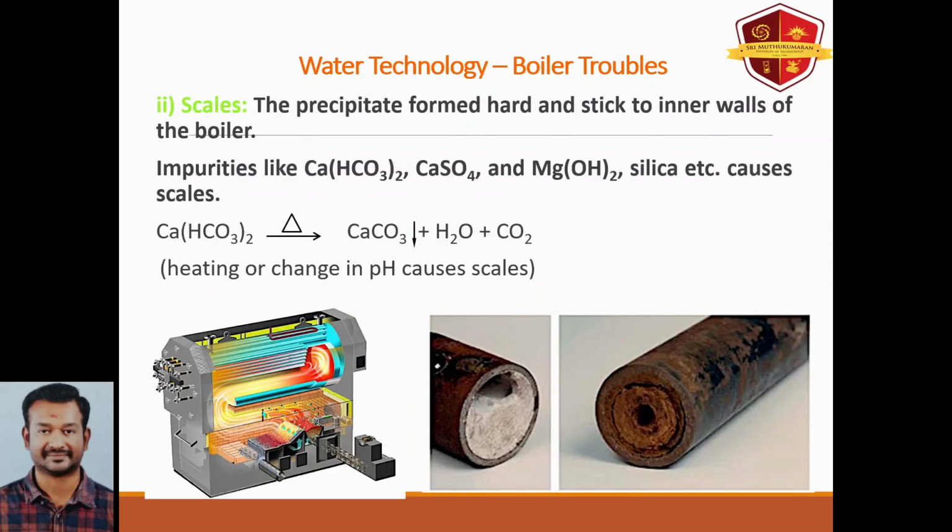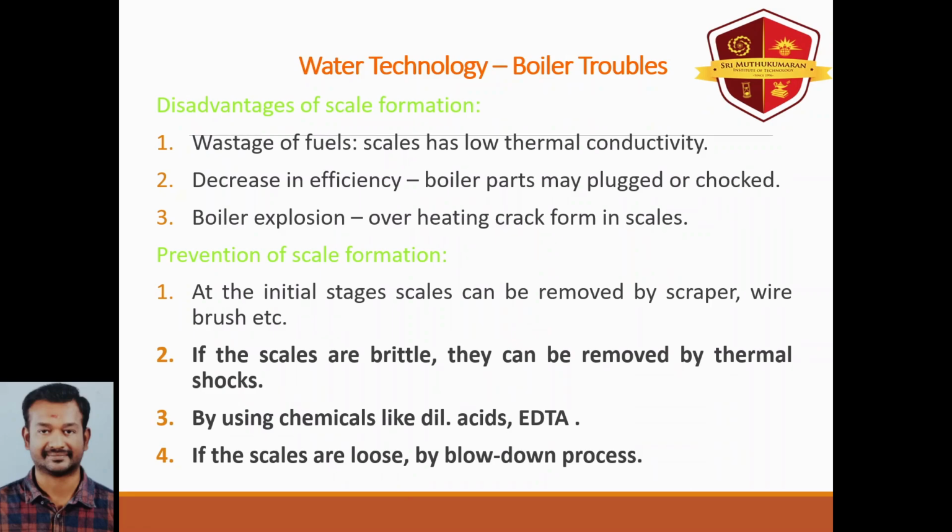Scales: the precipitate formed is hard and sticky on the inner walls of the boiler, from impurities like calcium bicarbonate, calcium sulfate, magnesium hydroxide, silica, etc. Disadvantages of scale formation: wastage of fuel, and scales have low thermal conductivity, which decreases efficiency. Boiler plates may be overheated, leading to cracks and boiler explosion.